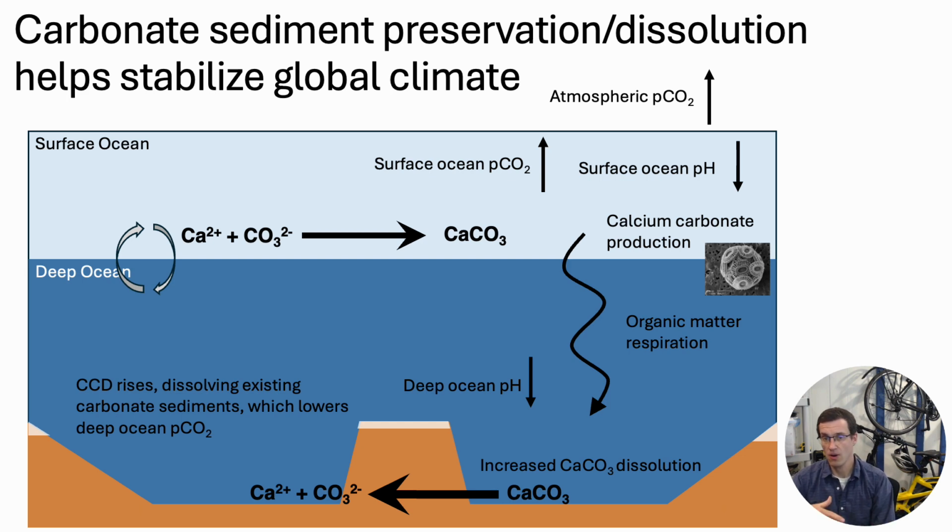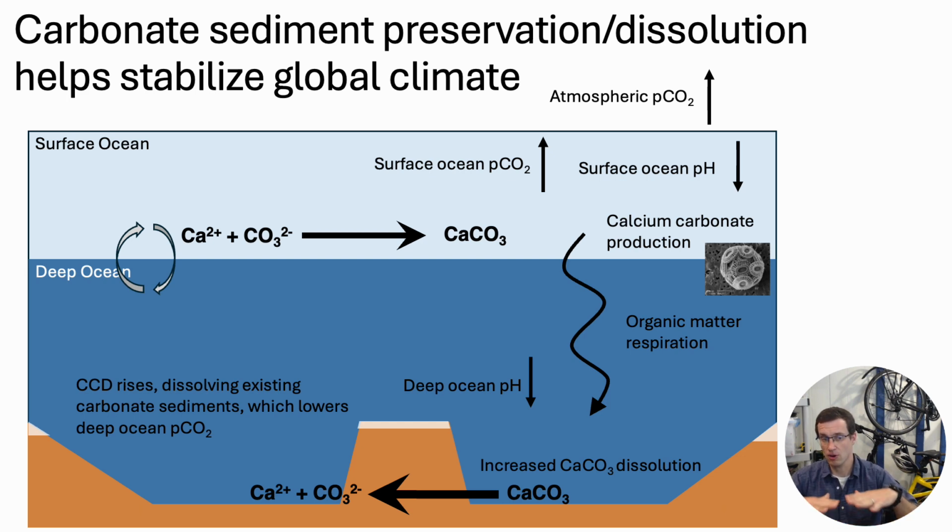Okay. Now, one of the interesting things about carbonate chemistry is that because it's somewhat complicated, it's not always easy to intuit if you change one term or another, how are things going to respond. But when you dissolve calcium carbonate, you lower pCO2. Okay, so we've raised the carbonate compensation depth. That's dissolving carbonates in the sediment, so carbonates that accumulated over a very long time frame.